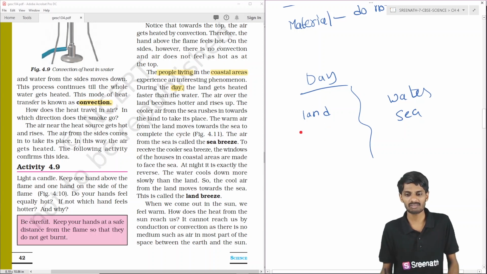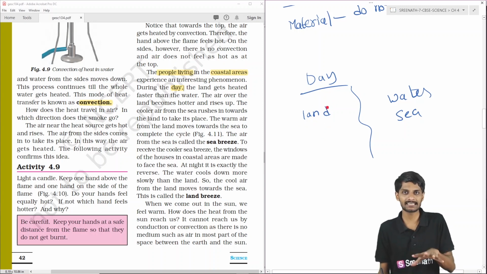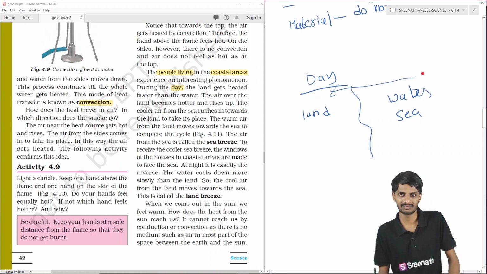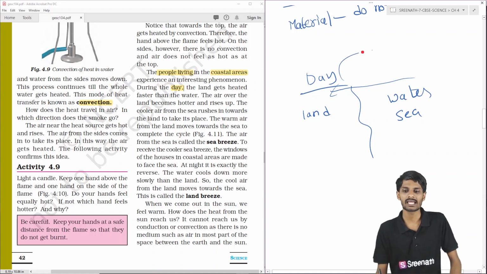So whenever the land is heated up very fast, the air above the ground is heated, and this hot air is replaced by the cold air which is above the water. This cold air comes towards the land and replaces this hot air, and this hot air goes into the sea. This cycle goes like this.